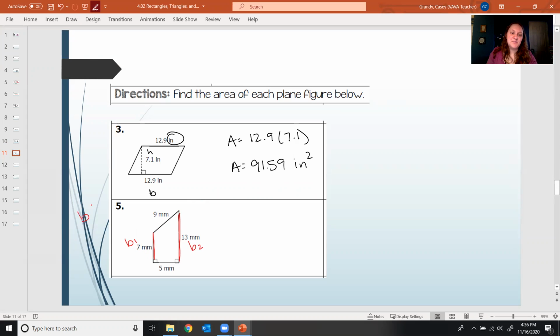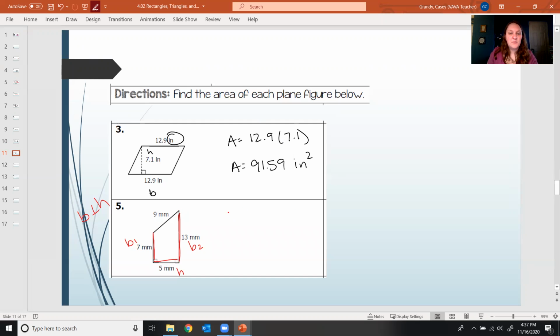Remember, the base is perpendicular to the height. So the height is 5. What? But it's sideways. Well, that's okay. If I lay down on my bed, my height doesn't change. So this is kind of the same thing. It's just turned. The bases are the two sides that are parallel. The height is the distance between the two bases, and they are perpendicular.